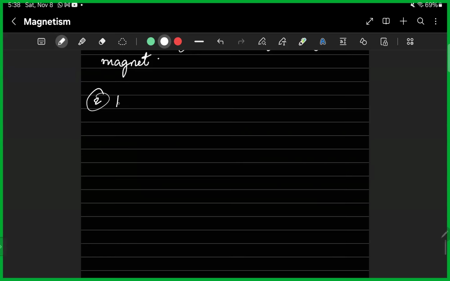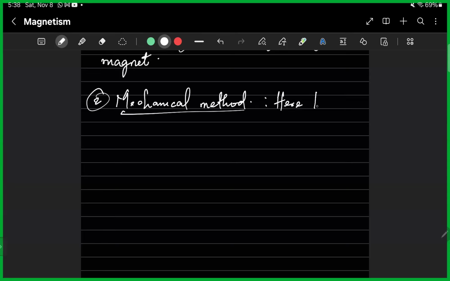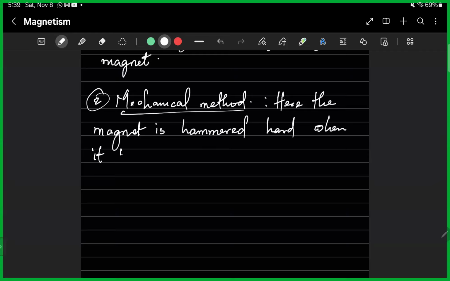That is the electrical method that we just talked about. There's another method called the mechanical method. In this method, the magnet is hammered hard when it is pointing in the east-west direction.